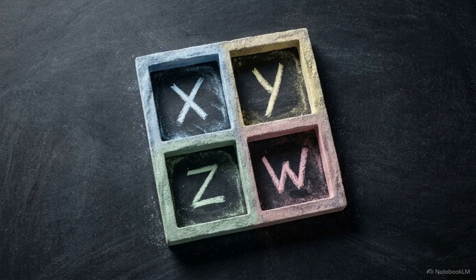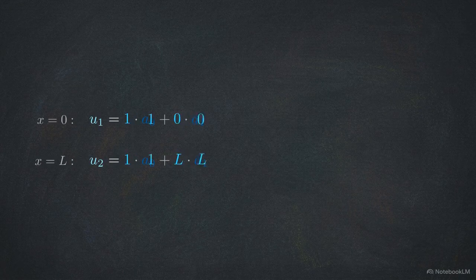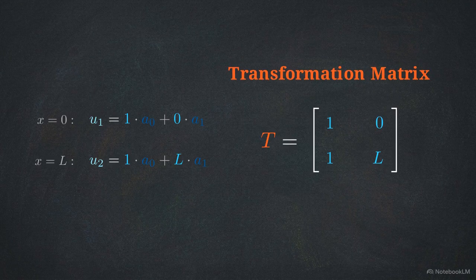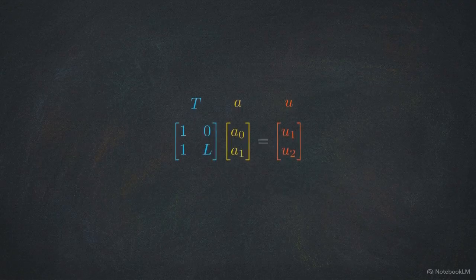To solve these simultaneous equations systematically, they must be structured into a unified matrix system. This reorganization creates a 2x2 grid of our spatial constants, known as the transformation matrix, or the T-matrix. The T-matrix acts as a mathematical translator. It directly maps our generalized coordinates, the a vector, to our physical nodal coordinates, the u vector.